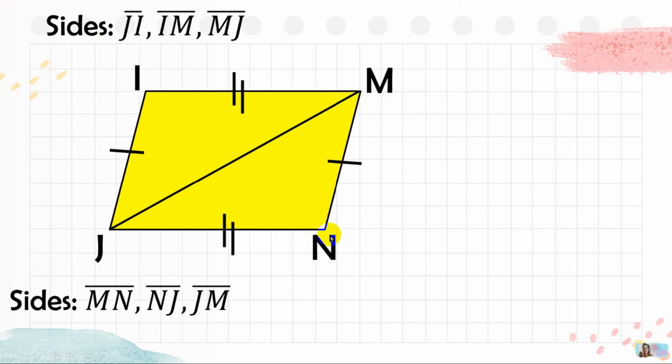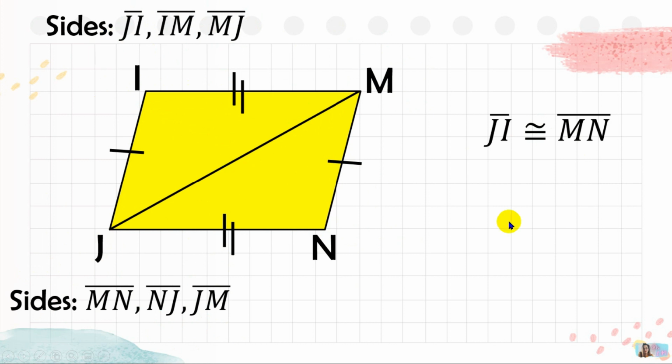So, that is MN. Alin ang congruent ni IM? That's NJ, okay? And then, for side that are common for the two triangles, yun nga lang kasi na-flip nga, kaya po yung MJ instead na MJ, that will be JM. Okay? So, these are the corresponding congruent sides of the two triangles. Now, ilista natin siya as congruent.